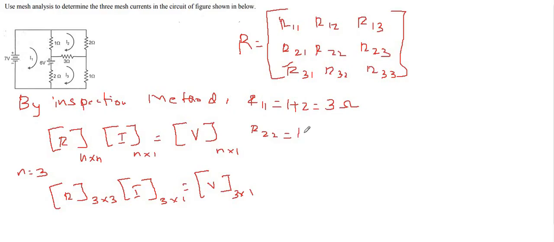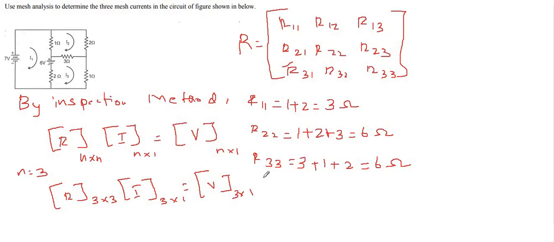So 1 plus 2 plus 3, so in total we have 6 ohms for R22. Next for R33, from the third loop we have 3 ohm, 1 ohm and 2 ohm, therefore 6 ohms. So these are the diagonal elements we have found.